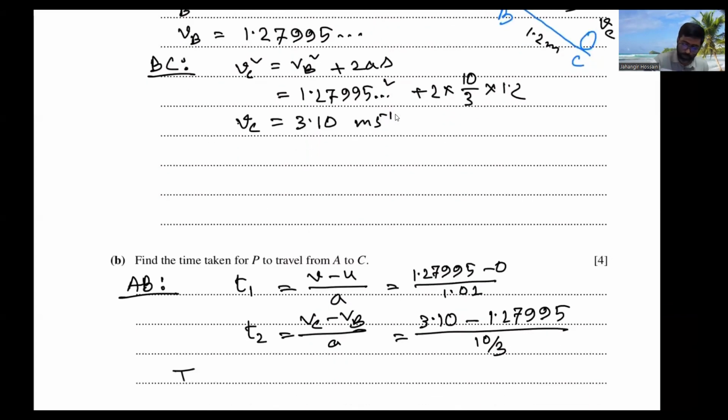So the total time, that's AB plus BC, is 1.80. That's the total time particle P takes to travel from A to C.